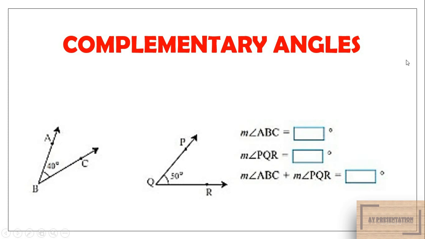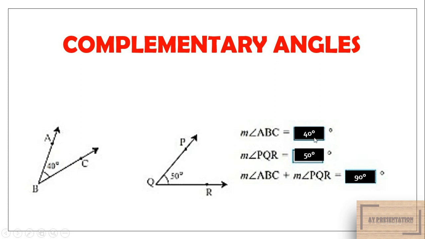Let's learn by an example. Here the measure of angle ABC is 40 degrees and the measure of angle PQR is 50 degrees. So the measure of angle ABC plus the measure of angle PQR is equal to 90 degrees.